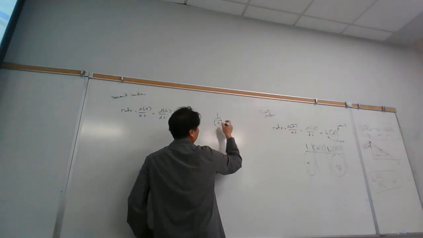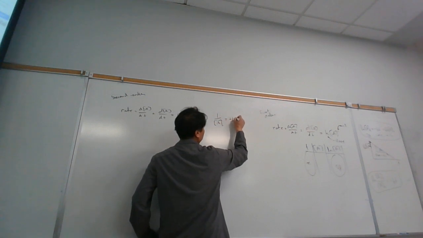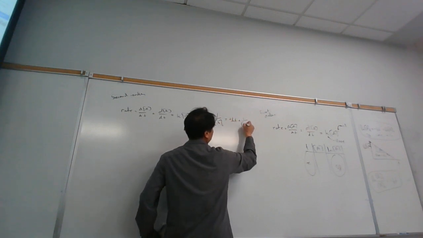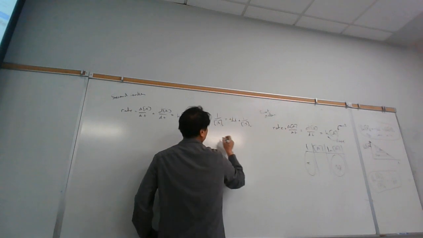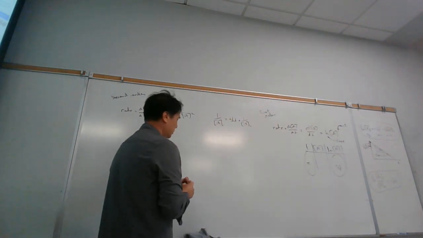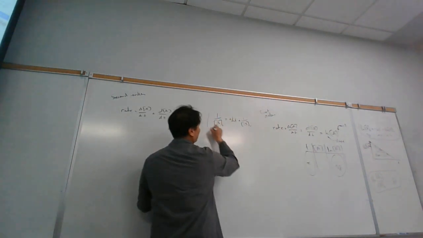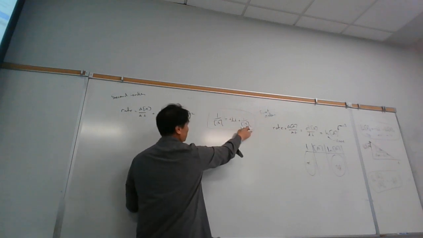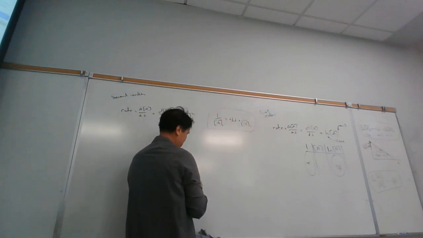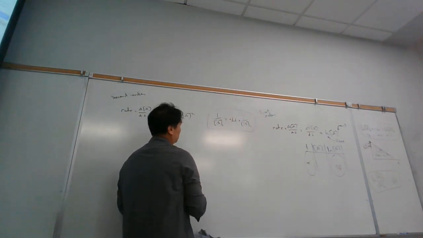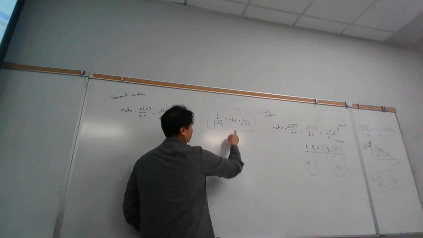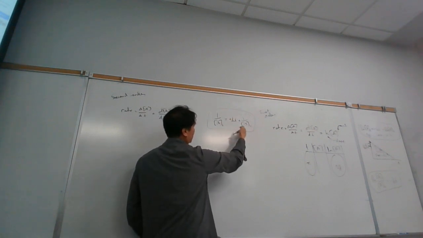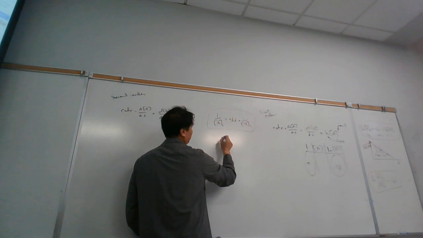We use 1 over A at time t is equal to plus kt plus 1 over A at time 0. Okay, so this will tell us how long, how much. If we start at A at time 0, how long does it take to get to A at time t, or if I start with 60 minutes of time, how much do I have left?